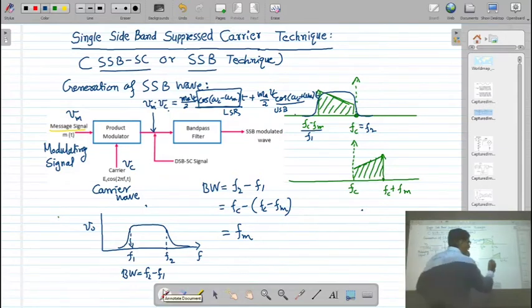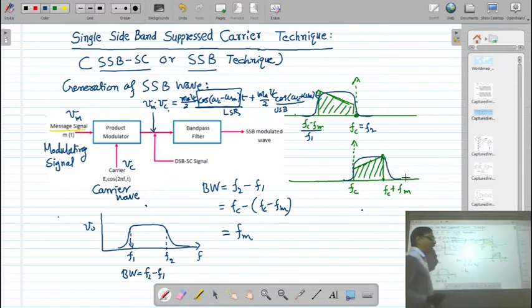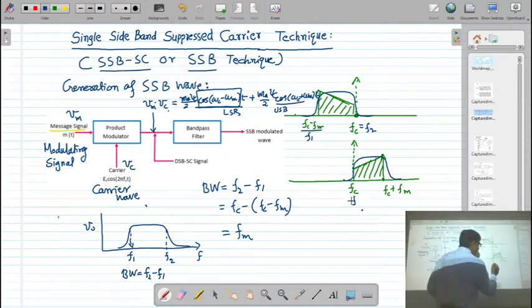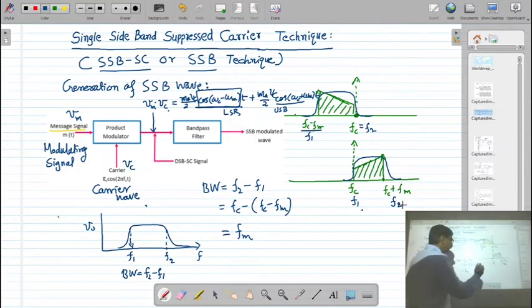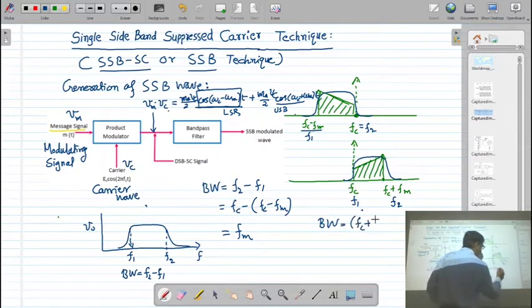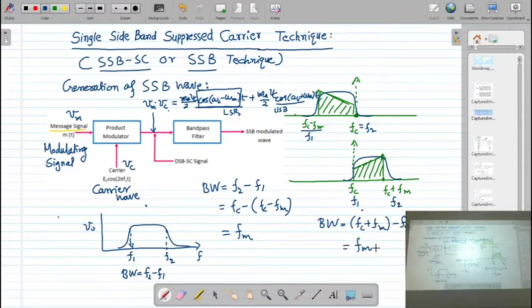In the upper sideband case, the characteristics of the band pass filter should be like this. This is my lower cutoff frequency and this is my upper cutoff frequency. So Fc is F1 and Fc plus Fm is the upper cutoff frequency, and in this case if we calculate the bandwidth, it is Fc plus Fm minus Fc. So again you will get a bandwidth of Fm.